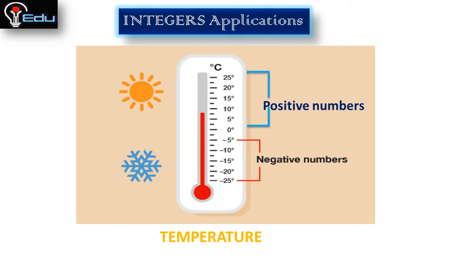So 5 degrees, 10, 15, 20, 25 degrees are all represented with positive integers. And -5, -10, -15, -20 degrees are the negative integers. So this is used to measure temperatures below and above freezing. This is one of the main applications.